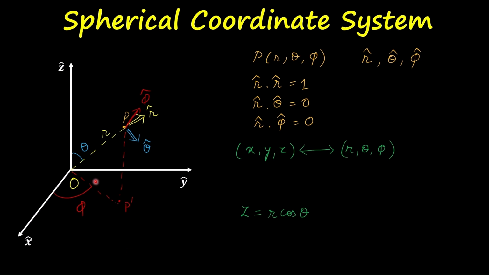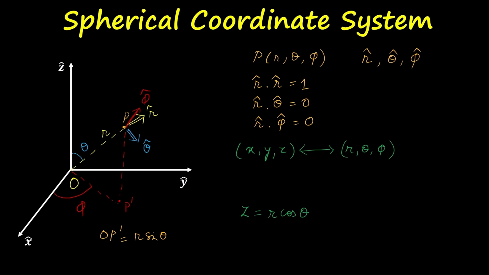When I take the projection of OP on the xy plane, we get this OP prime. And what is this OP prime? Maybe I can write it here. OP prime is equal to r sine theta. Now, from this OP prime, if I take the projection of OP prime on the x-axis, it will be OP prime cos phi.